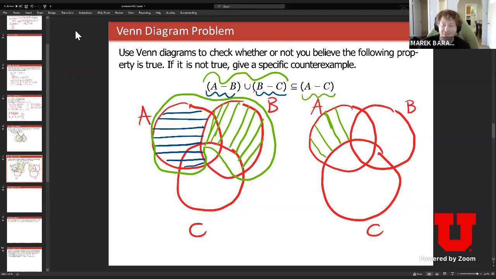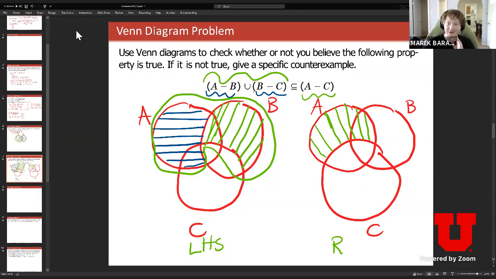So this union, thank you, is what the left-hand side is. And then for the right-hand side, we have this shaded green portion. And is the left-hand side a subset of the right-hand side? No, it is not.